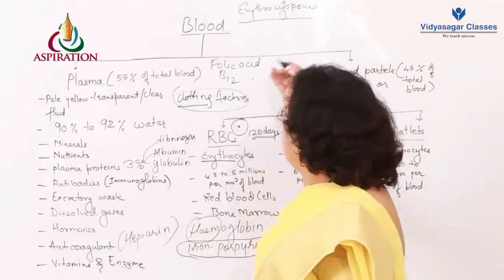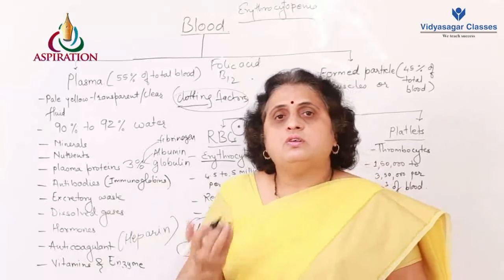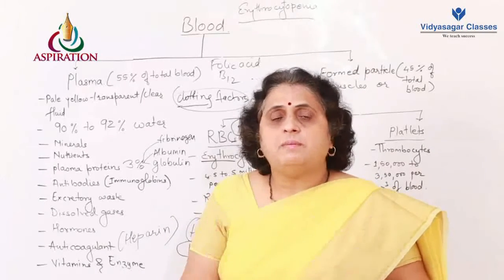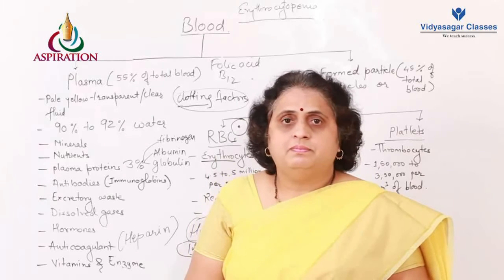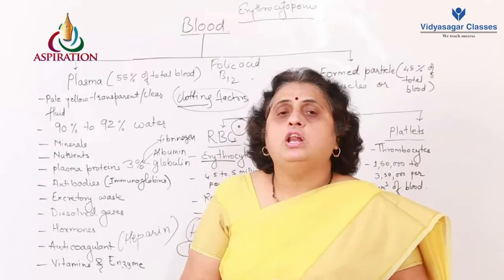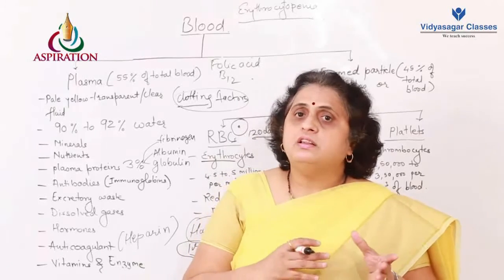So we have the two terms, erythrocytopenia and erythrocytosis. Erythrocytosis is an abnormal rise in the RBC, whereas erythrocytopenia is an abnormal fall in the count of RBC.